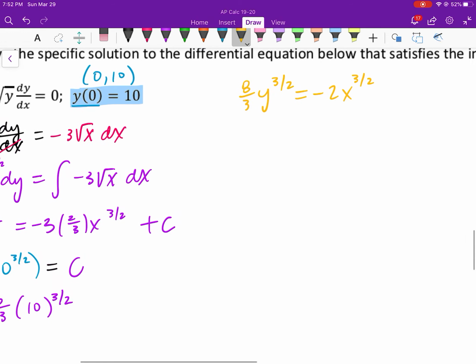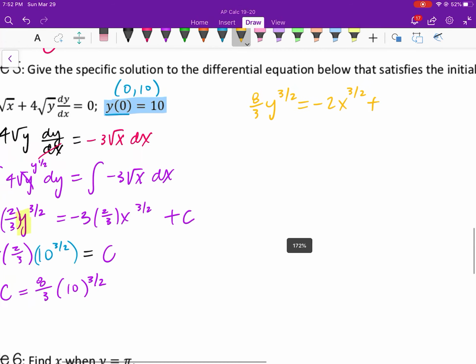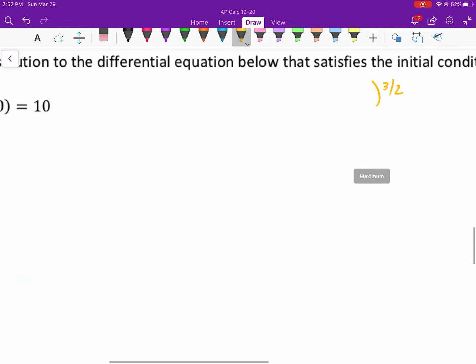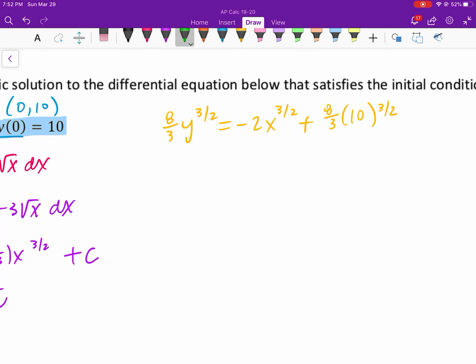Negative 2x to the 3/2 plus that final constant, 8/3 times 10 to the 3/2. Now, as we try to solve for y, one silver lining: we multiply both sides by 3/8, and we distribute it, of course, and it actually ends up canceling with that 8/3 on that other guy at the very end, the fun constant. So, bonus.